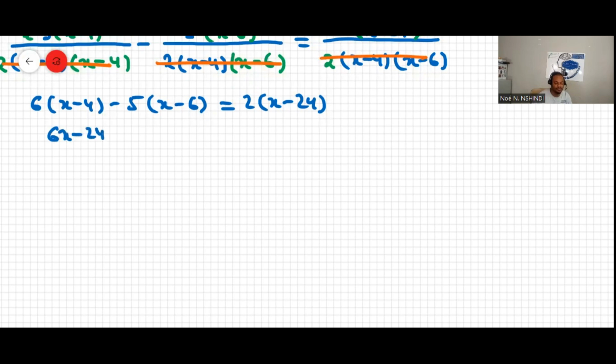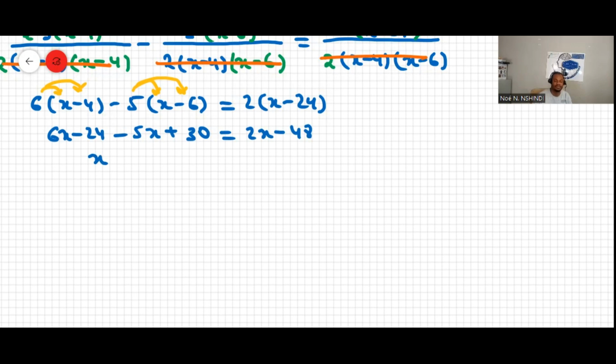6x minus 24 minus 5x plus 6 plus 30, actually. Okay, we times, okay, 6 times that, 6 times that, that times that, and that times that, and then equal to 2x minus 48. Okay, so 6x minus 5x makes what?